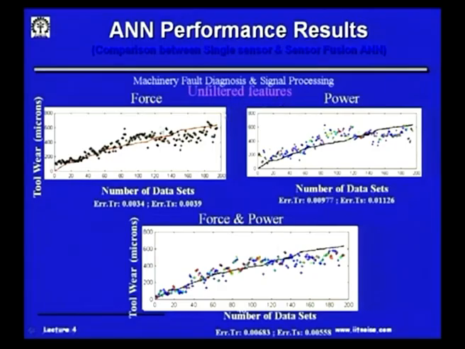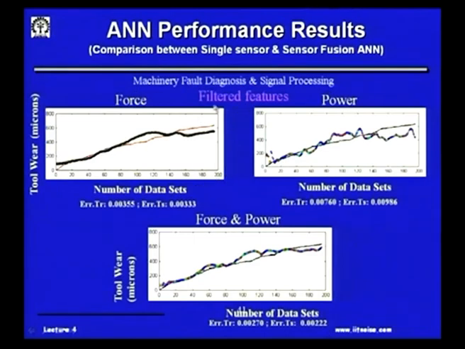With unfiltered features, sometimes the scatter is more. So while using artificial neural network for data driven fault detection techniques, it is always necessary that we do some amount of signal pre-processing before applying such models. And once we do the filtering, you see these variations are much smoother, and then we have a better prediction.